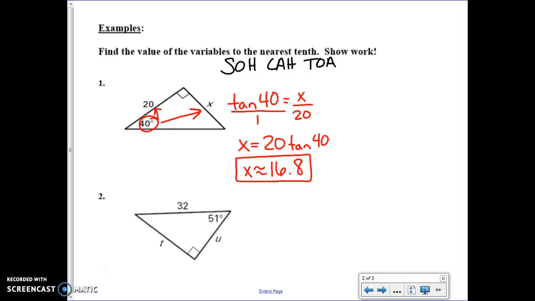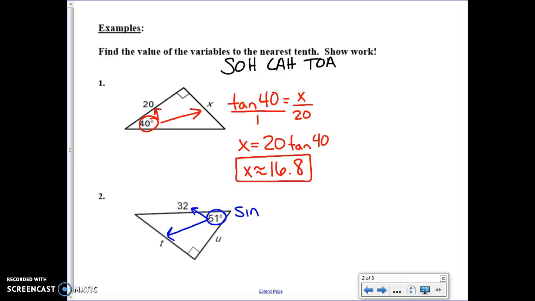Okay, then the next one, we have 2 different unknown sides. So I'm going to start with 51, and since t comes before u alphabetically, I'm going to deal with that one first. So there's my 51, there's my angle, so I have the opposite, and I have the hypotenuse. So opposite and hypotenuse, well, that's sine.